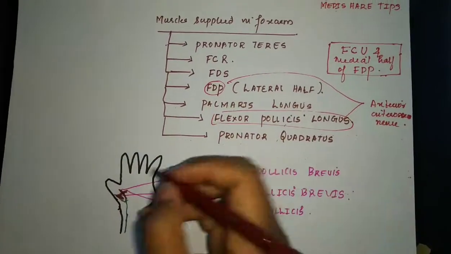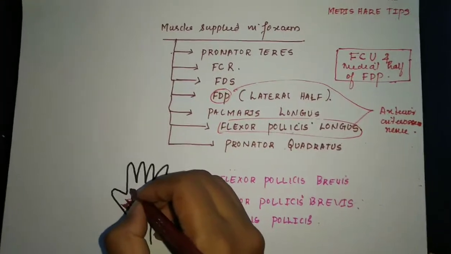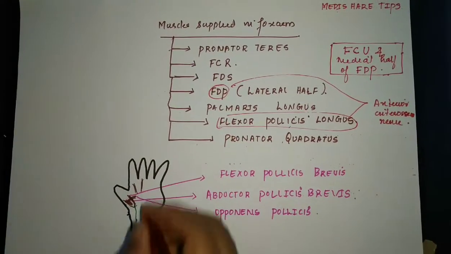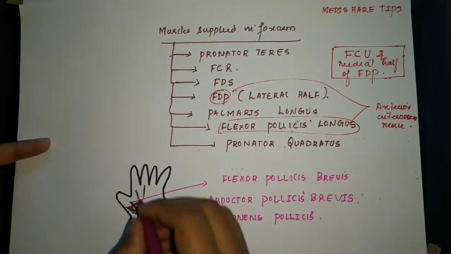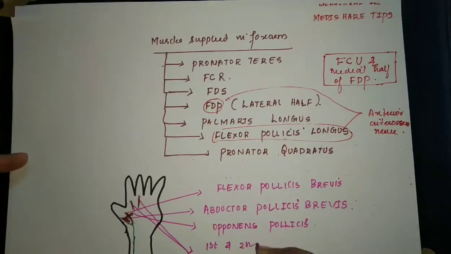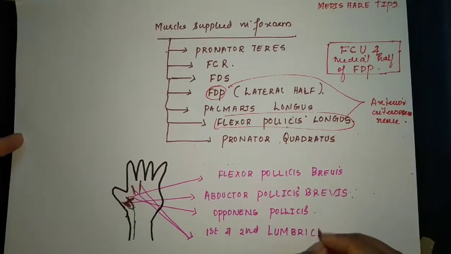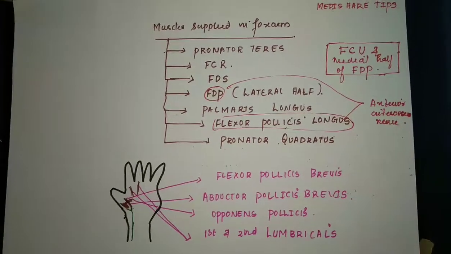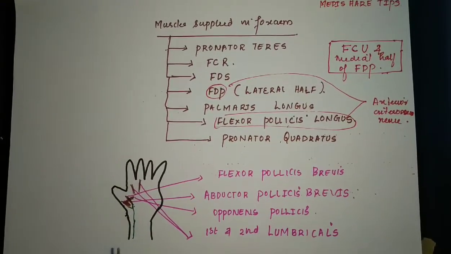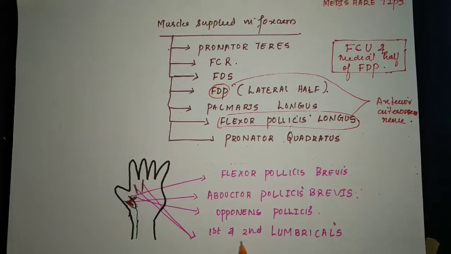And it also supplies two intrinsic muscles, that is the first and second lumbricals. So these are the muscles of the thenar eminence which are supplied by the median nerve. The median nerve also supplies the first and second lumbricals.